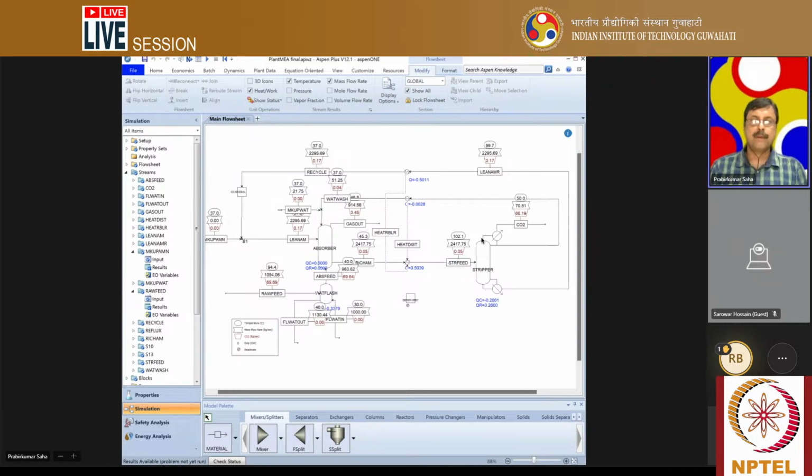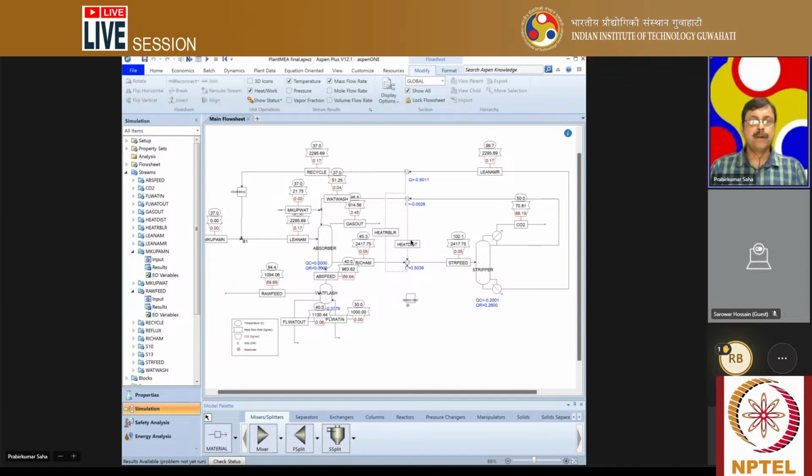And here it is a partial condenser in the stripper. So we get mostly CO2 over here, and this line contains mainly water. This is the makeup amine line, this is the makeup water line.